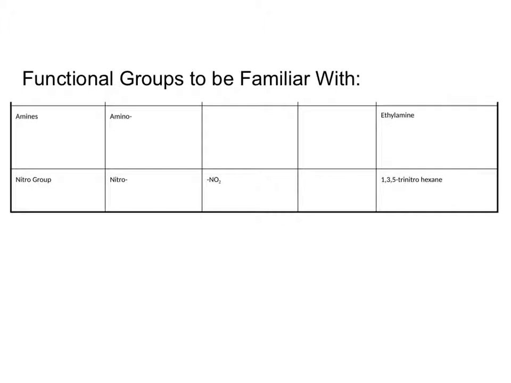Okay, and then we've got 2 more. We have amino groups and nitro groups. Amino groups have the beginning prefix of amino, but they can also have an ending of ine, so ethylamine, depending on how you want to read it. The thing that we're looking for here is an NH2, and so the generic format would be R NH2.